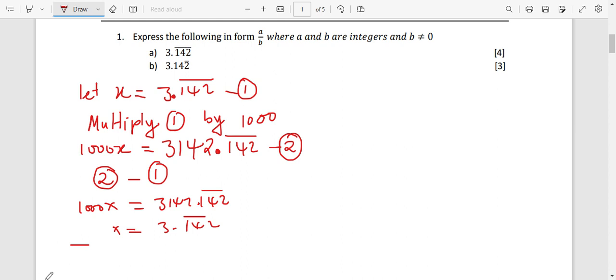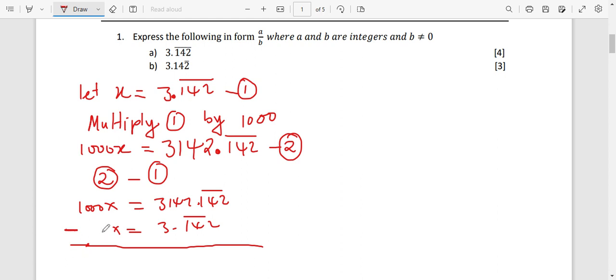Just a moment, so you get to see what I've written here. All right, so there we are. 1000x is equal to 3142.142 and x is equal to 3.142. Remember, we are subtracting.